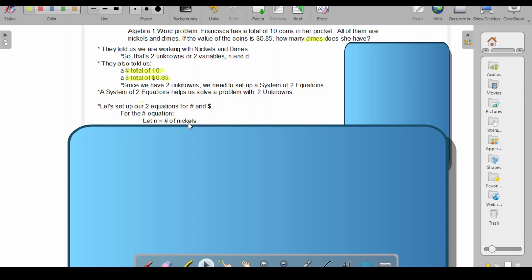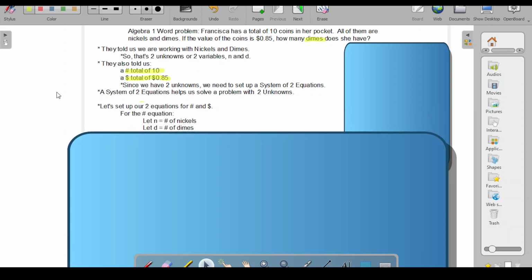So that's important. N is representing the number of nickels, not the value of the nickel or anything like that. N is representing the number of nickels. How many nickels are in her pocket?